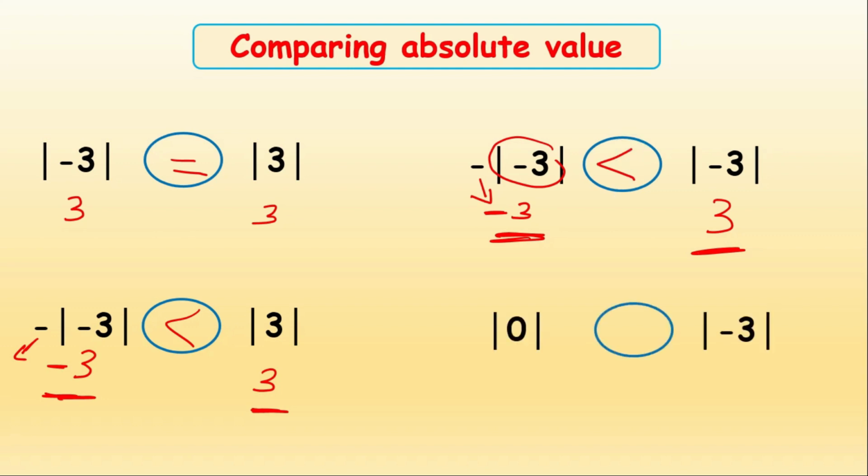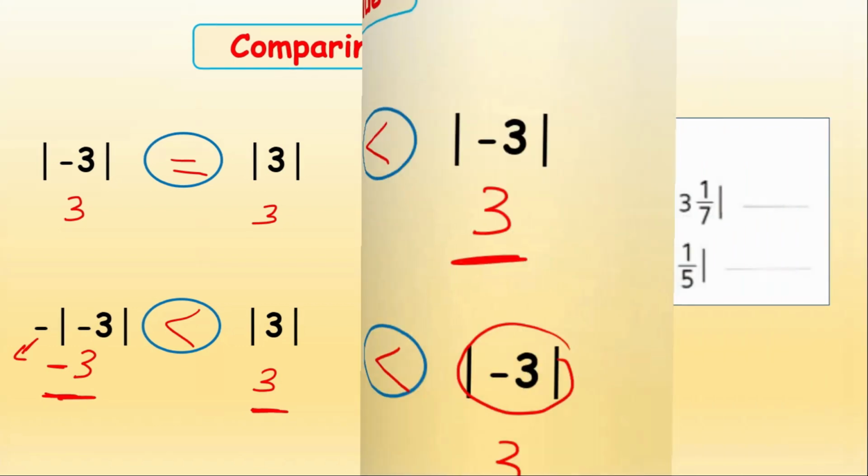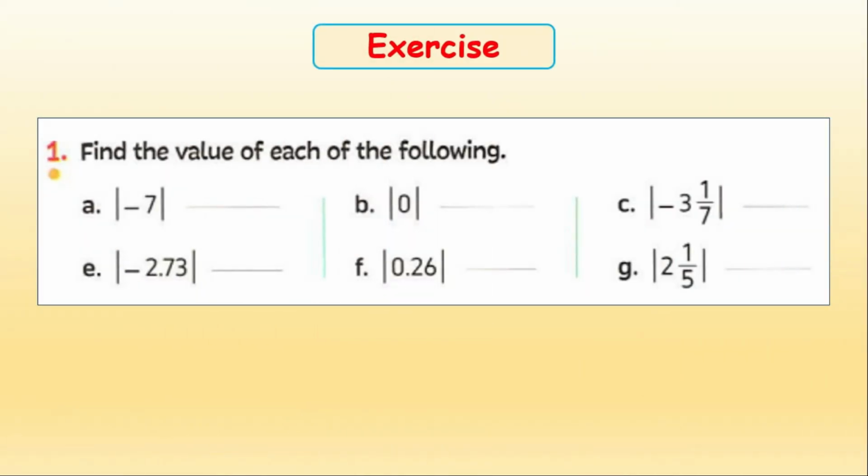Okay, the last one: absolute 0 or absolute negative 3. First let's see what absolute negative 3 is and what absolute 0 equals. Absolute 0 equals 0 and absolute negative 3 equals the positive 3, so 3 must be greater than 0.